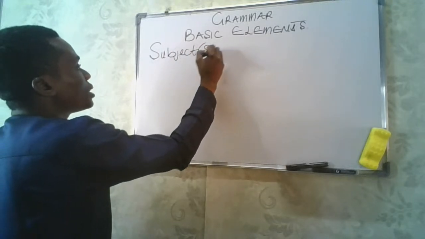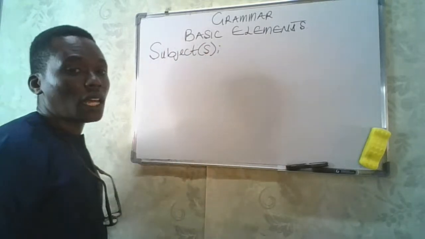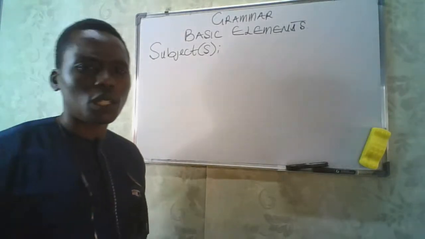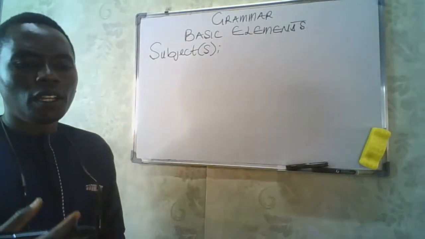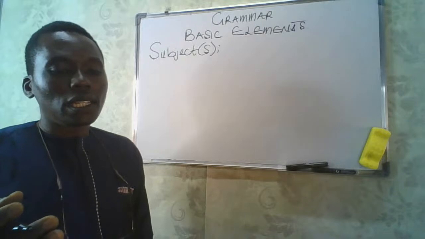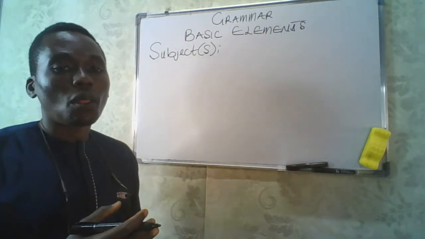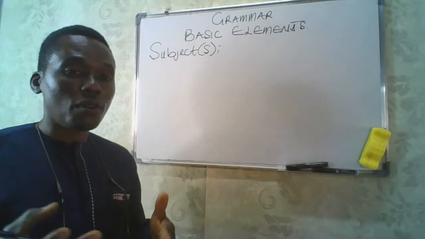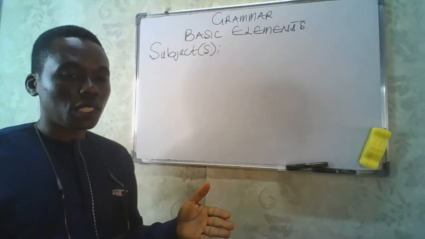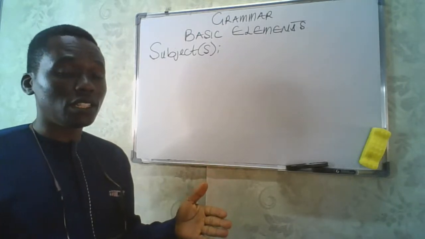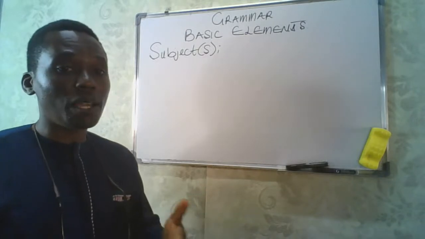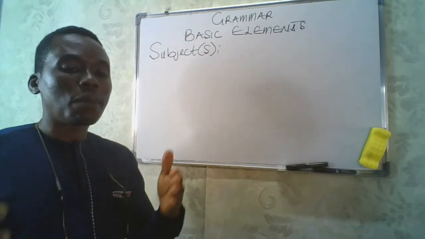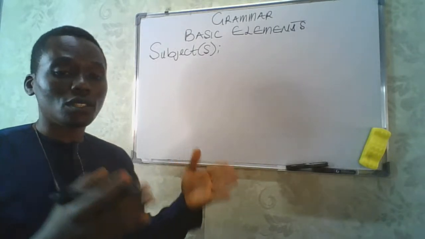The subject is represented by S. What is the subject? The subject is the person, or most probably the animal, that performs an action. In some sentences, you might not see a person; it might be an animal that performs an action, and that is the subject.